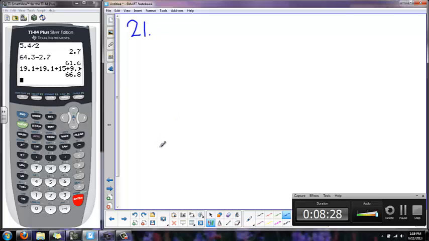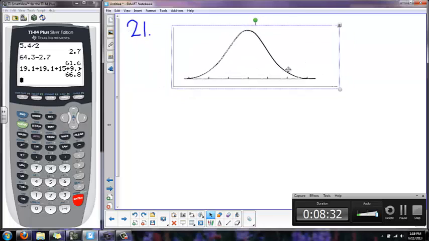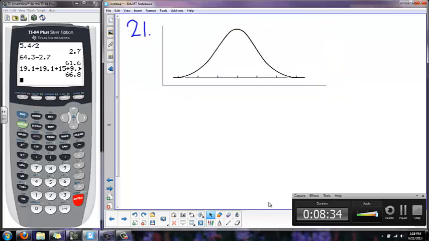On a standardized test with a normal distribution, I see normal distribution, I draw a normal curve. I want to see tons of normal curves on your paper when I'm grading it. The mean is 88 this time. Okay.